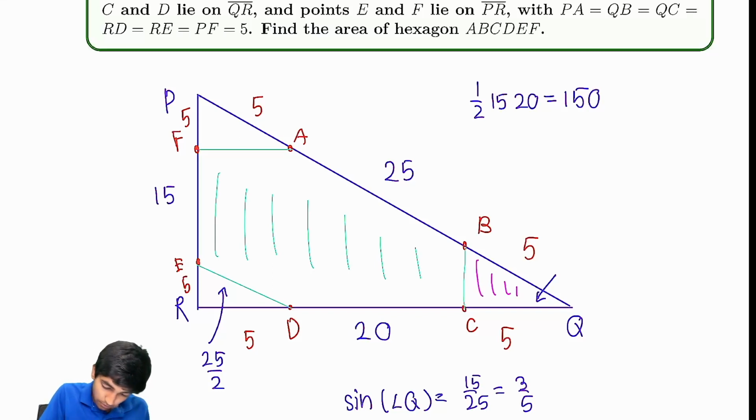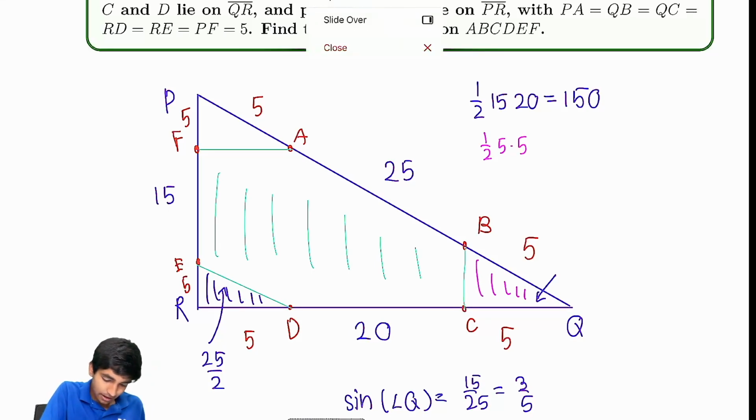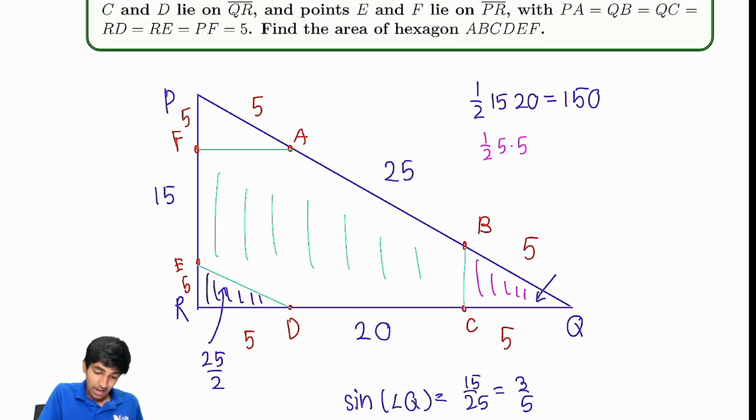The area of this pink triangle is half ab. This is the area of the big blue triangle, 15, 20, 25.